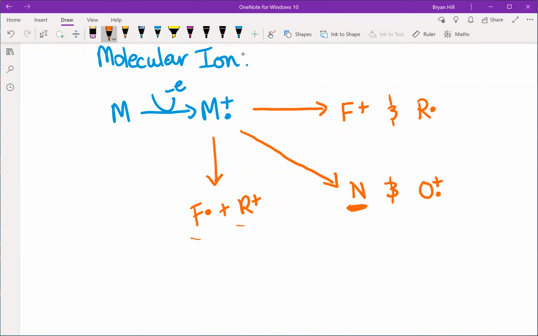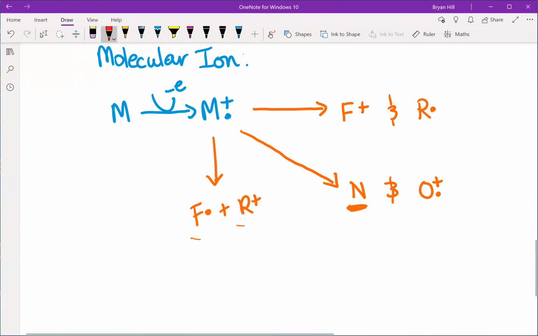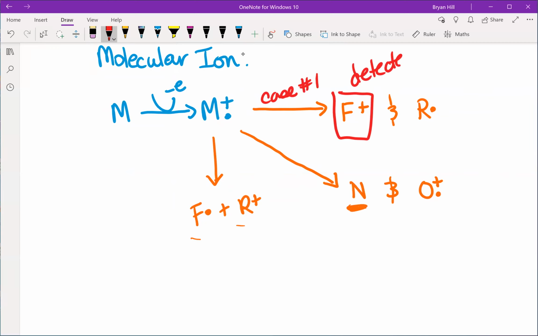So if we're thinking about what gets detected through all of these fragmentation processes, it's only the charged species. In case number 1, the F plus would be detected. In case number 2, the R plus would be detected.